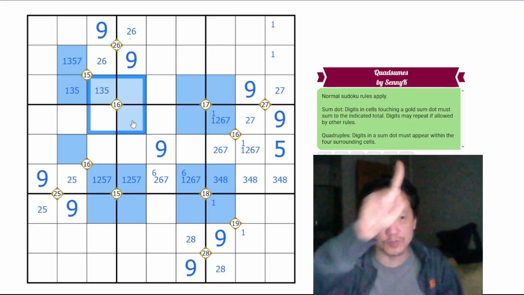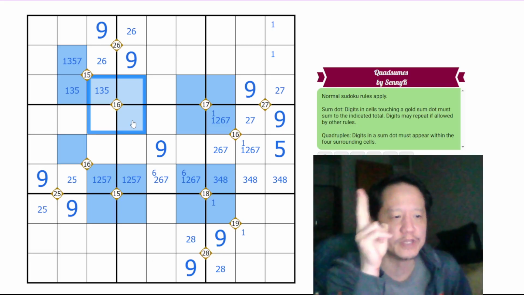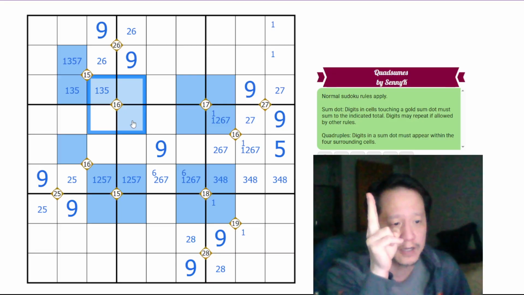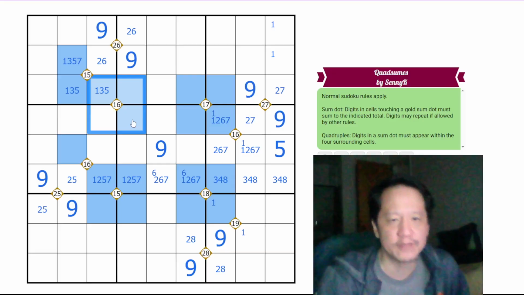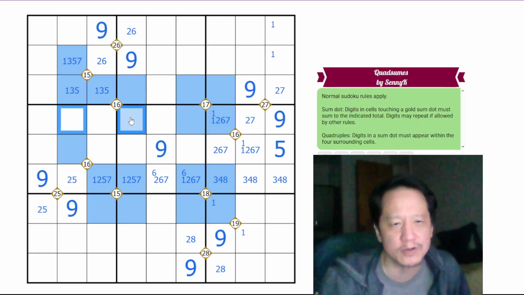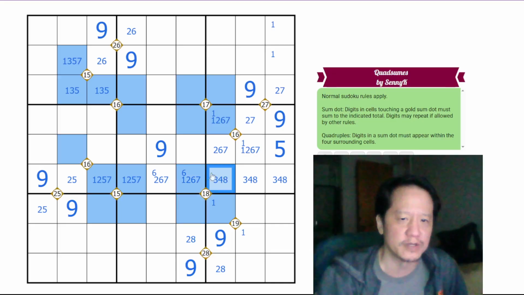It must have just one 1, and the other 6 must be there. And so then the 2 digits must add up to 9 without another 1. So that's why 8 cannot appear around this quad and this quad and this quad here. But 8 could appear here, because as the 1's digit, it has to be there.